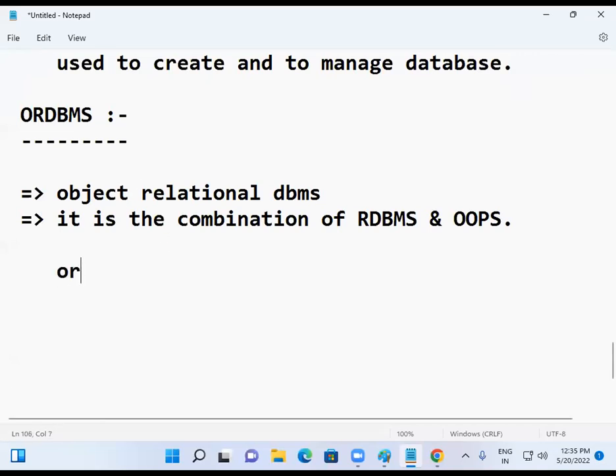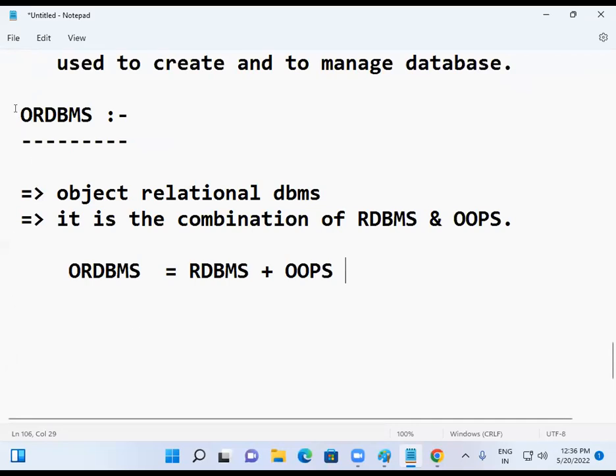Means ORDBMS is equal to RDBMS plus OOPS. The previous one is RDBMS, but this is a mixture of the two, RDBMS and OOPS.